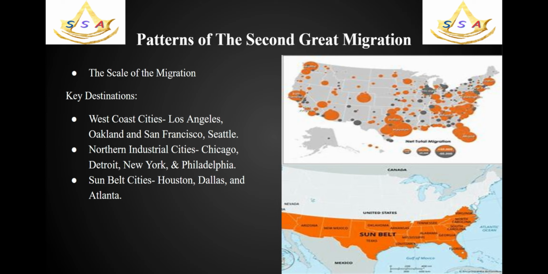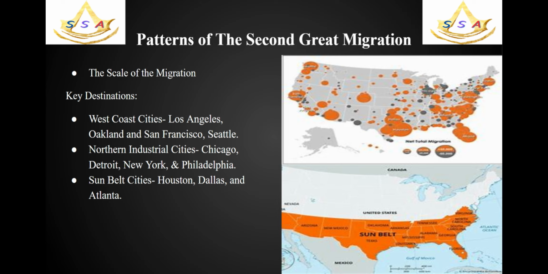In Detroit, the automobile industry offered abundant jobs, making Detroit a major destination. And in New York and Philadelphia, the Black populations expanded, particularly in Harlem, in Brooklyn, and in North Philadelphia.